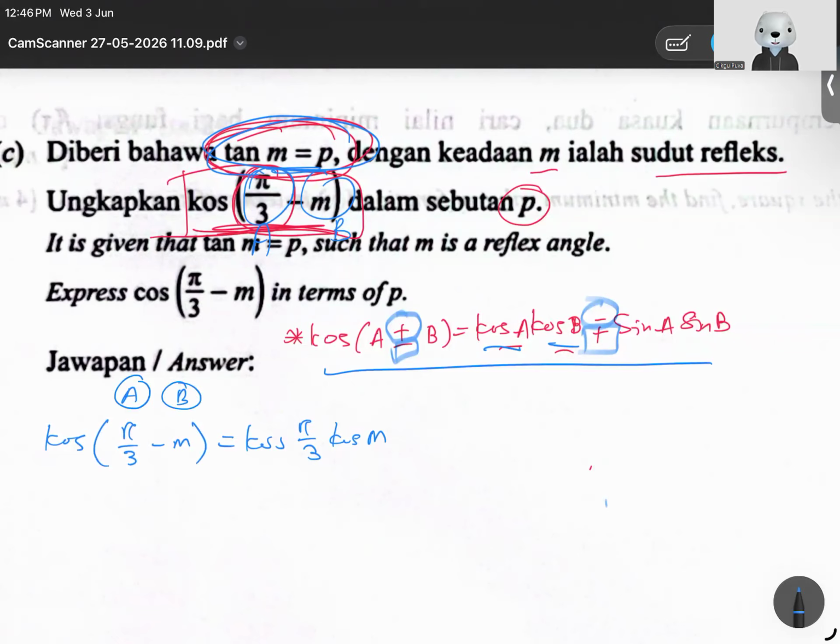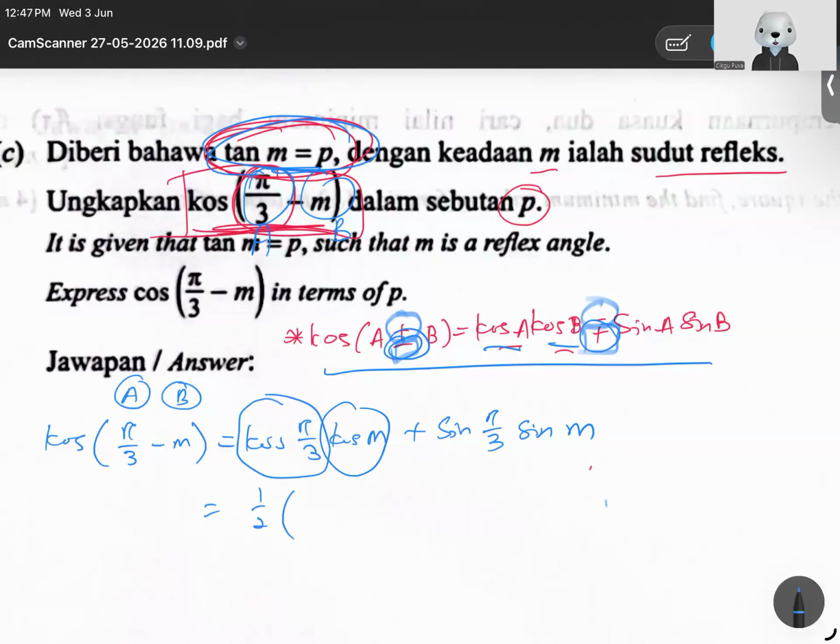So follow the formula, and since it is minus, it becomes plus: plus sin A sin B, which is sin pi over 3 sin M. Okay, we got it. Pi is 180 degrees, so 180 divided by 3 is 60. Just press your calculator: cos 60 is 1 over 2.